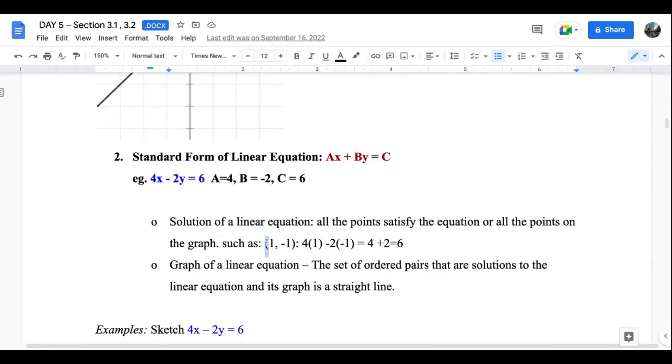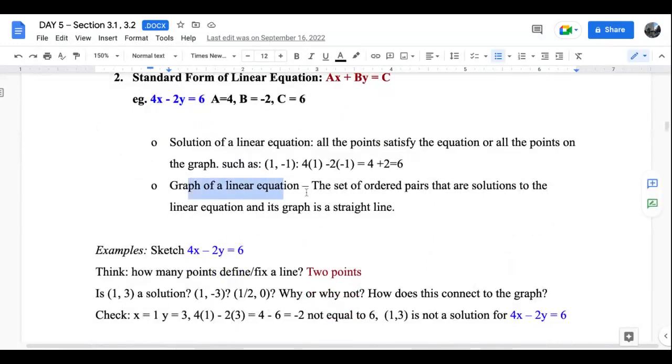So maybe let's see this one, 1, -1, right? If we plug in 1 for x, -1 for y, we see 4 times 1 minus 2 times -1. 4 times 1 is 4, -2 times -1 is +2. 4 plus 2, that's 6. So indeed it equals 6. So 1 comma -1 is a solution.